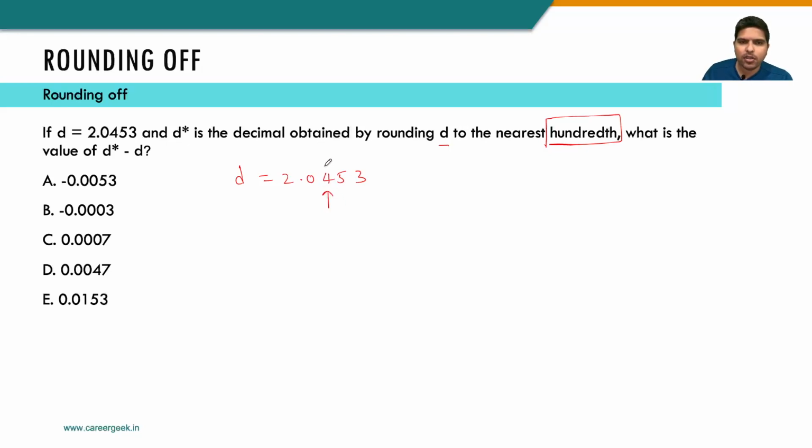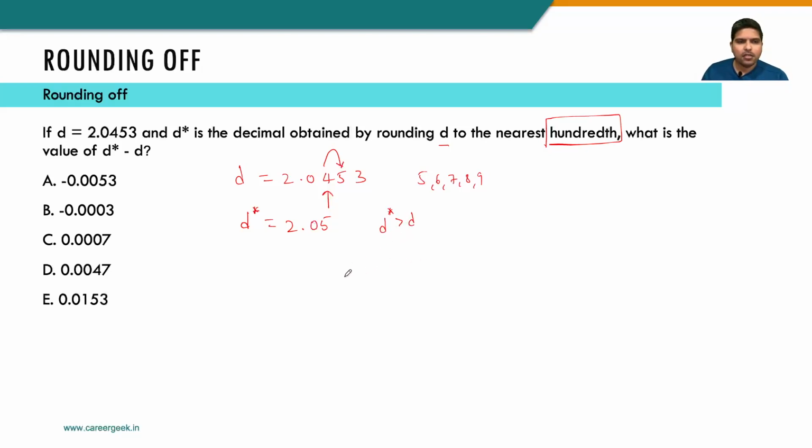To round off, I'll have to look at the immediate right. Remember 5, 6, 7, 8, 9, you will increase the current digit by 1. So if this is D, the D star would become 2.05 after rounding off to the hundredths place. As we can see, D star is greater than D, right?